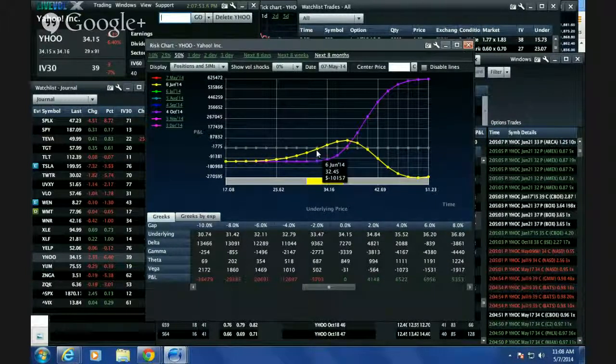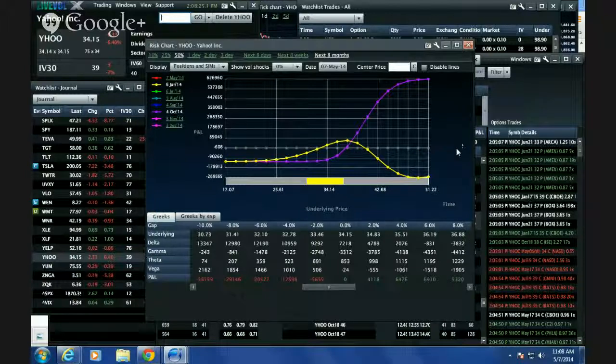So with the stock trading like 32.45, if the stock's down, he would lose $10,000, but he would lose $118,000 if he had just the Octobers, right? If the stock went up, he'll make $68,000 if the stock was 37.50, and if he had just his October call spread, he has 13,000.